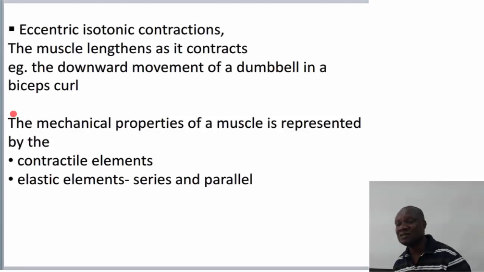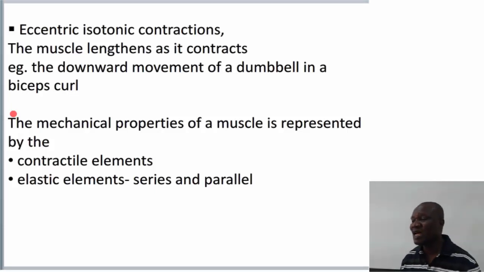In the muscle, the contractile elements are the myofibrils, as well as elastic elements. The elastic elements are usually the cytoskeleton, the tendons, and the connective tissue that we find around the cell.